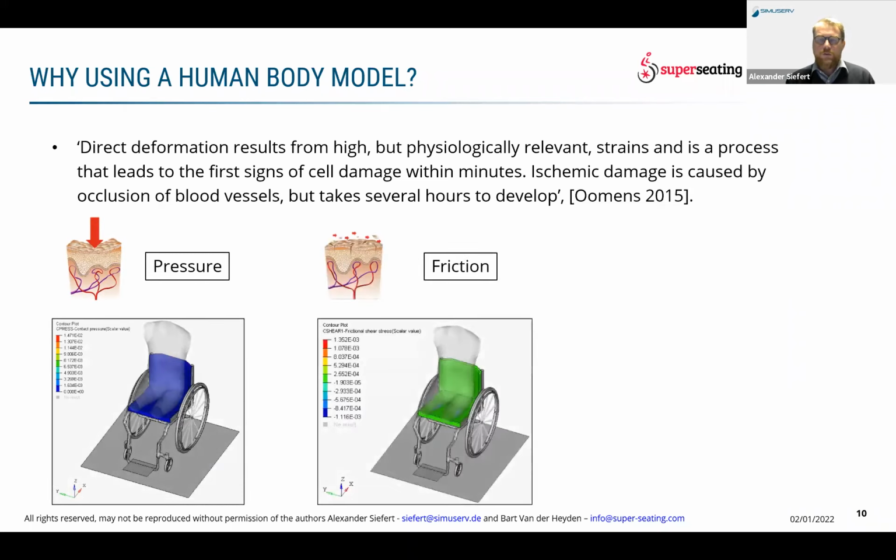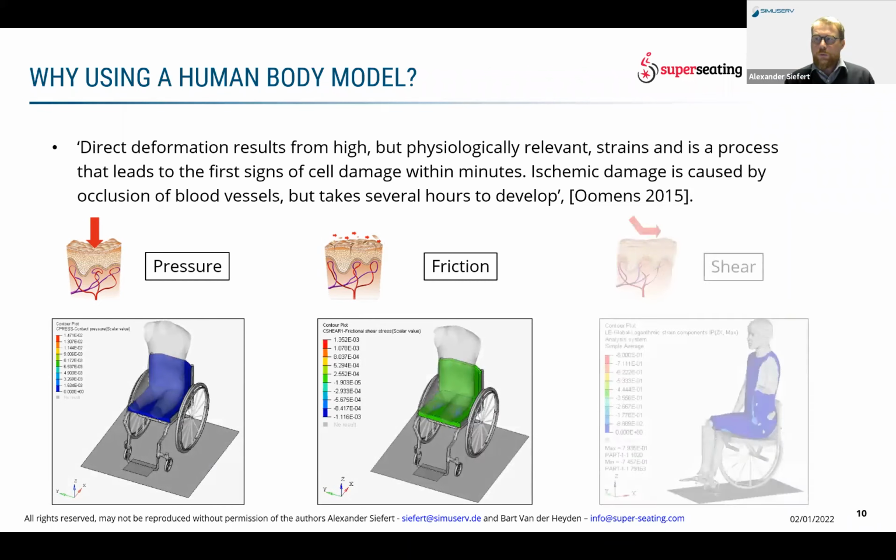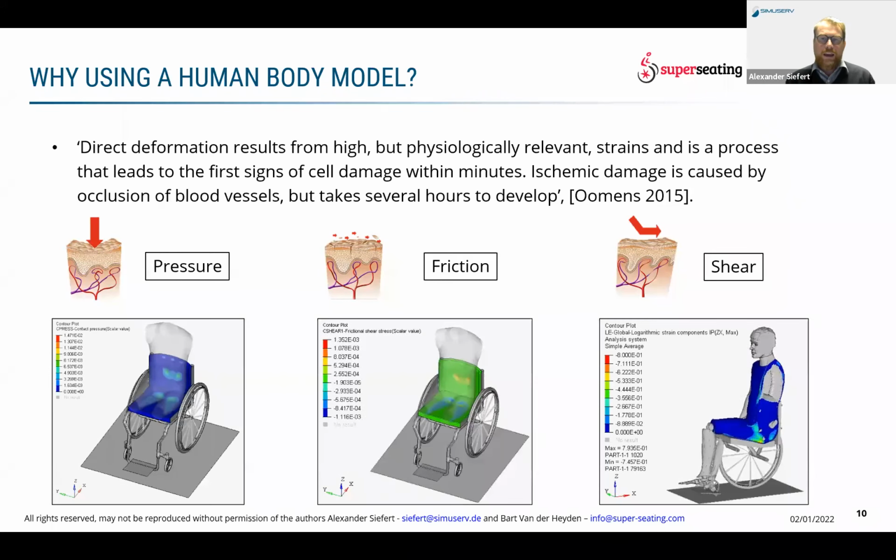Second is friction between the surface of the patient or customer and our seat surface. And we can also compute shear or any kind of internal tissue stress, because as I showed for the cut foam, I can also do that for Joe, look inside his tissue and get an idea of what's going on inside, giving us more information about how the loads are transferred from the skeleton finally to the seat.